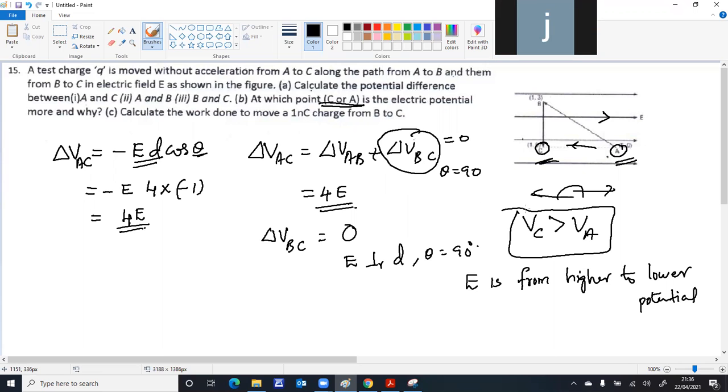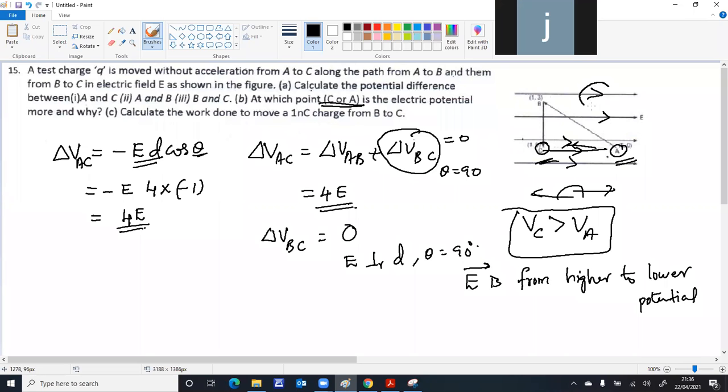So how do we know C is greater? What's the direction of the electric field? It's from C to A. We are talking about the electric field lines, not the charge.